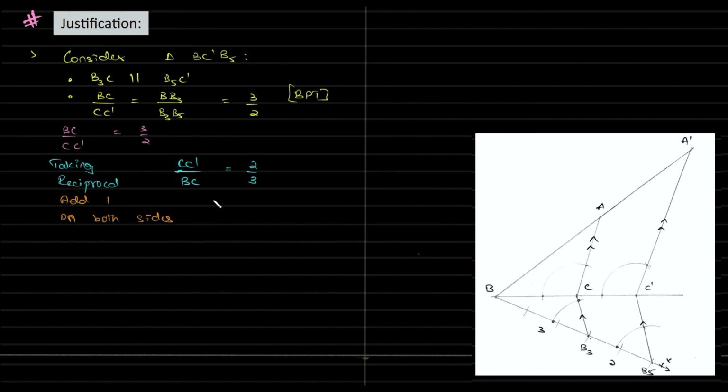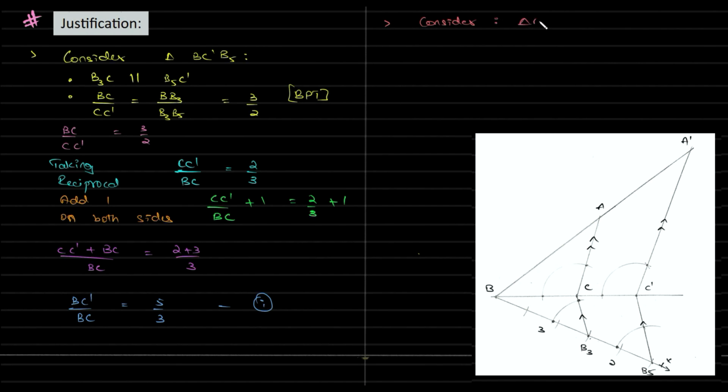So we get CC dash by BC plus 1 is equal to 2 by 3 plus 1, and the LCM gives BC by BC equal to 2 plus 3 by 3. So CC dash plus BC is BC dash, therefore BC dash by BC is equal to 5 by 3. So this is basically your first part.